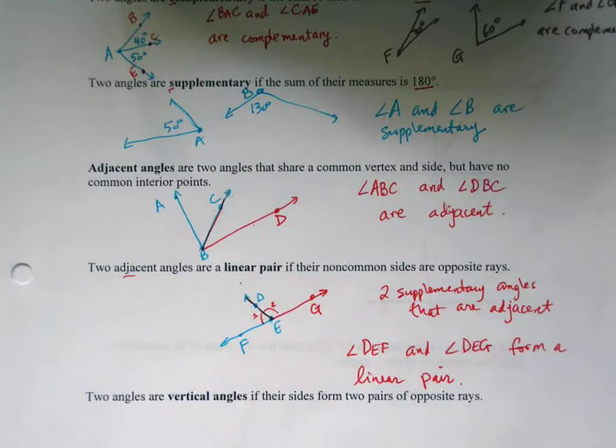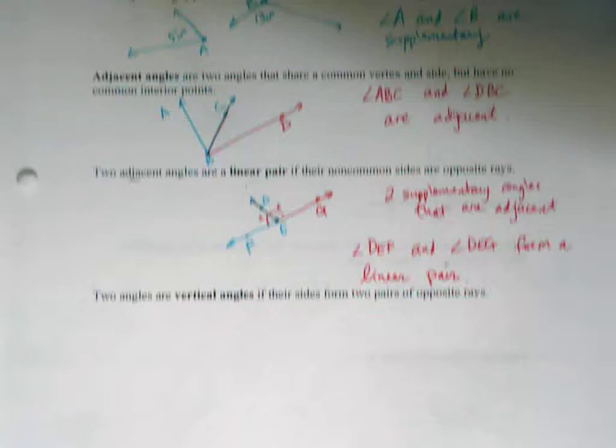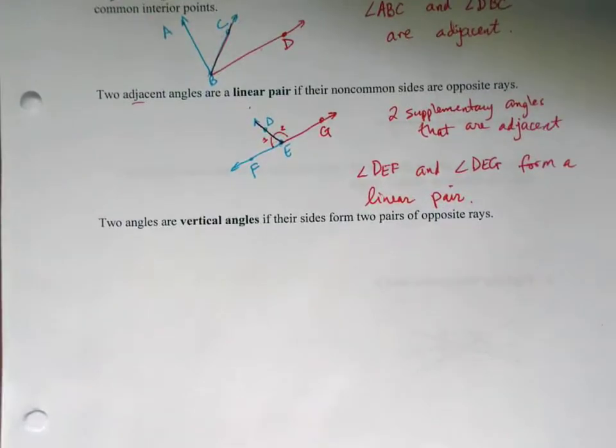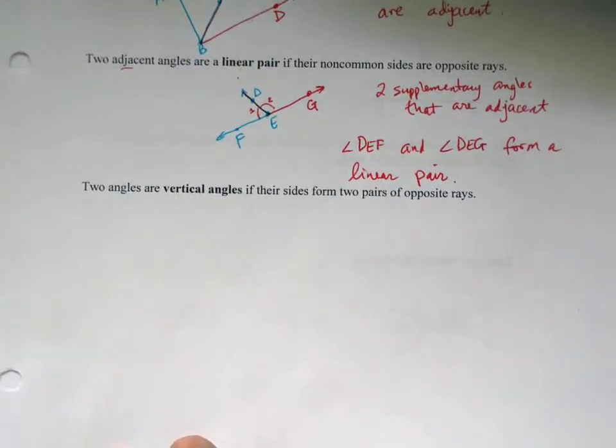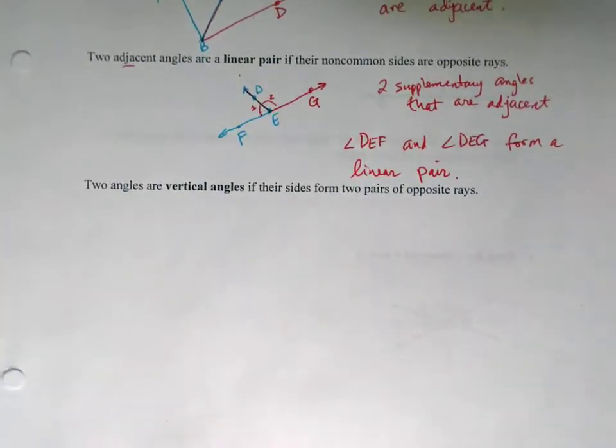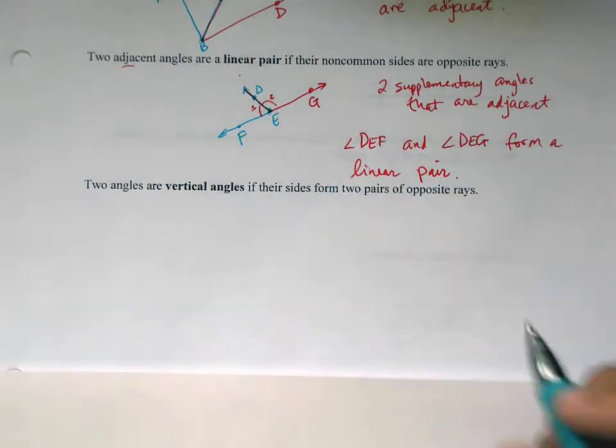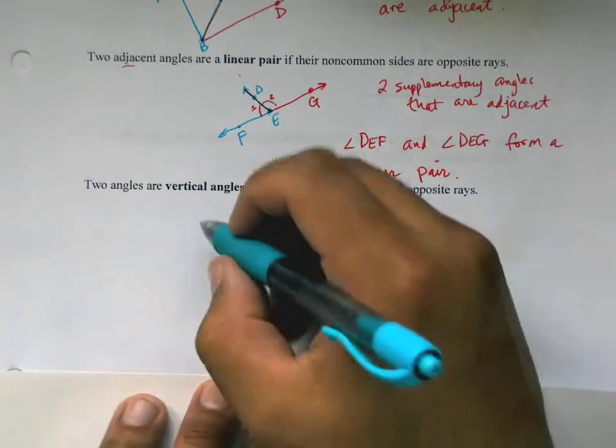And finally, two angles are vertical angles if their sides form two pairs of opposite rays. So let's think a little bit about what this means. Their sides form two pairs of opposite rays. So vertical angles basically look like this.